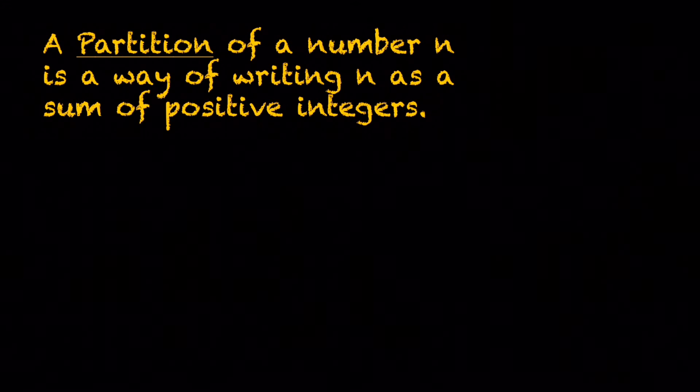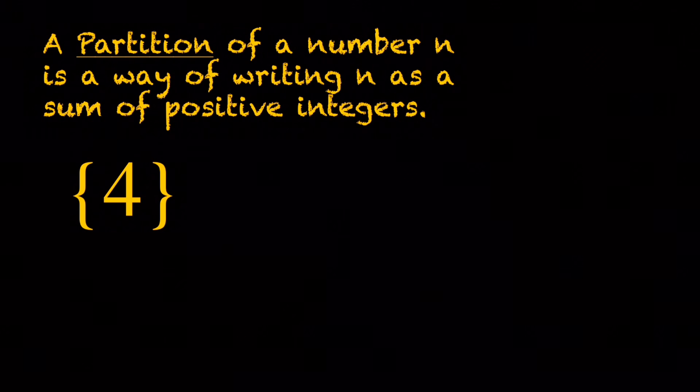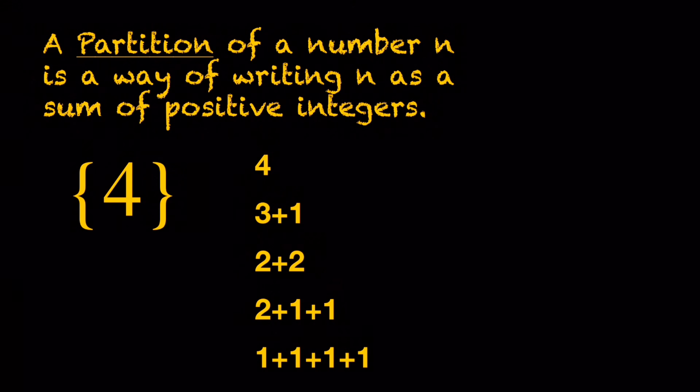To understand this a little further, a partition of a number n is a way of writing n as a sum of positive integers. So if we take the number 4, we see that there are exactly 5 ways to write 4 as a sum of positive integers.